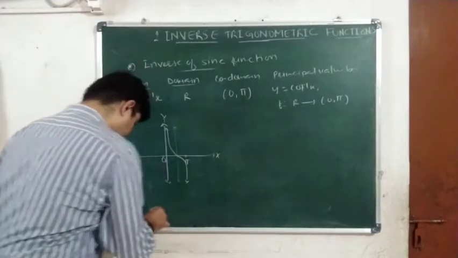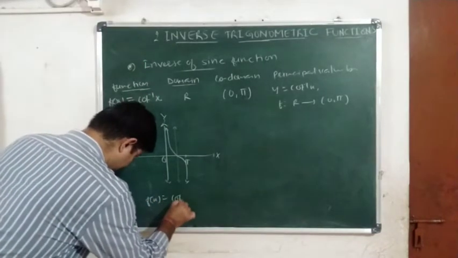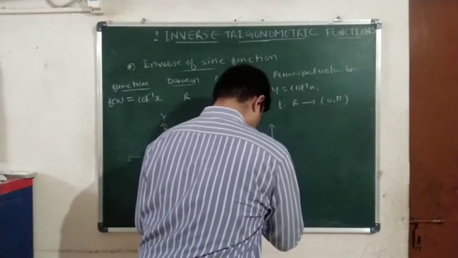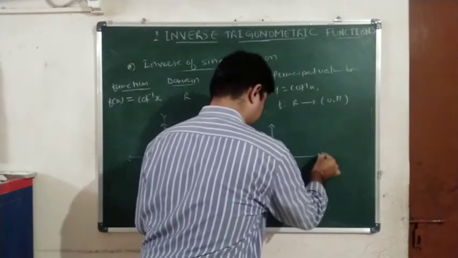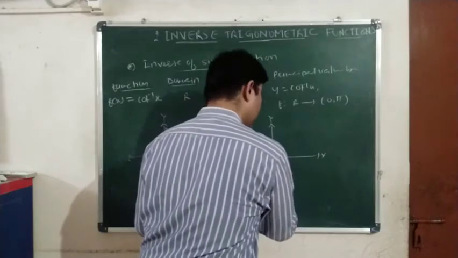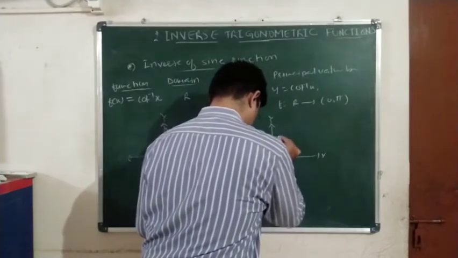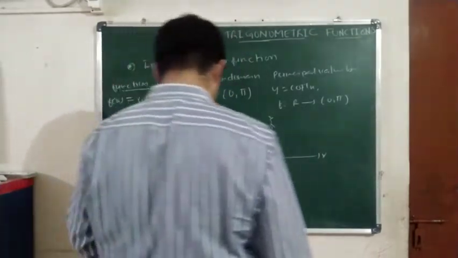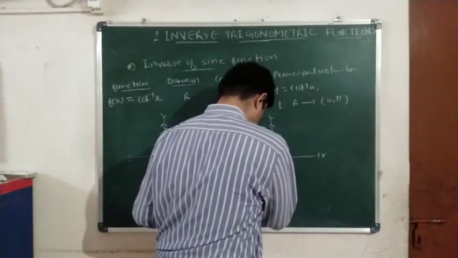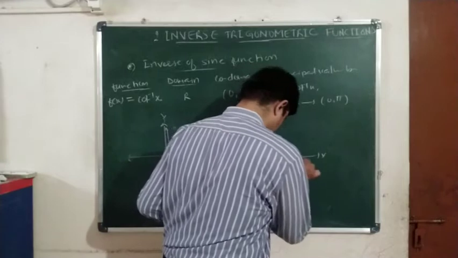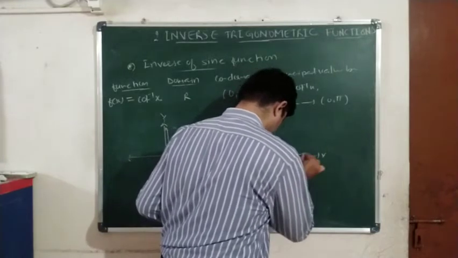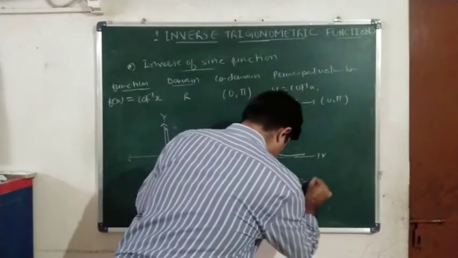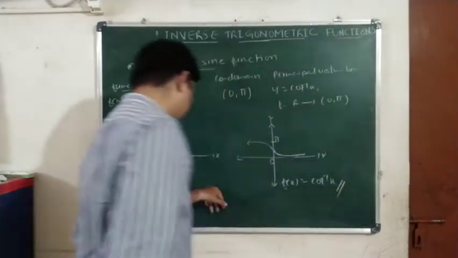Okay, this is the graph of f of x is equal to cot x, and for cot inverse x, okay, this is the graph of f of x is equal to cot inverse x. Clear?